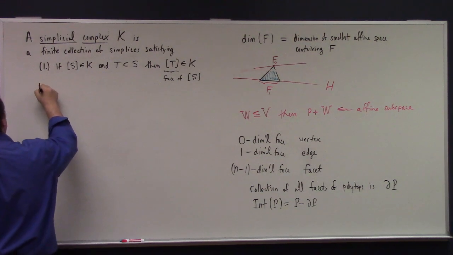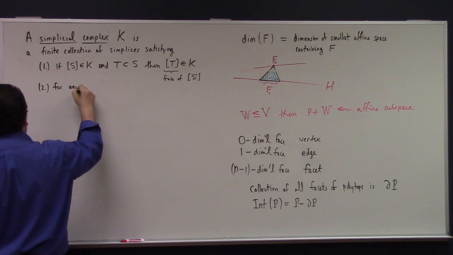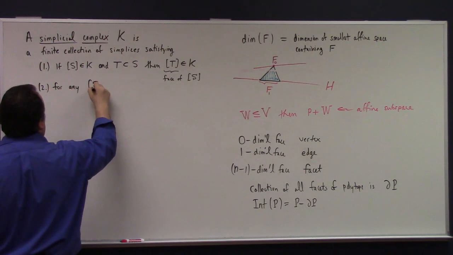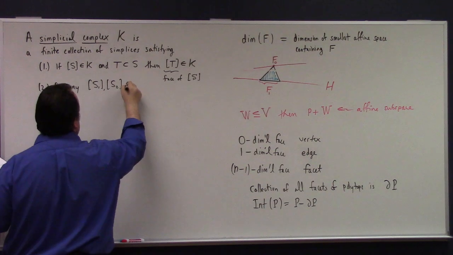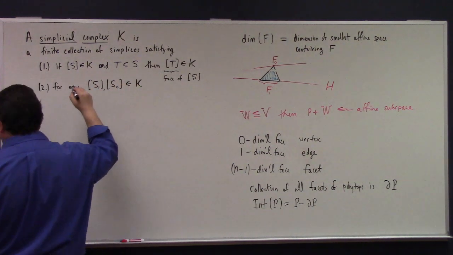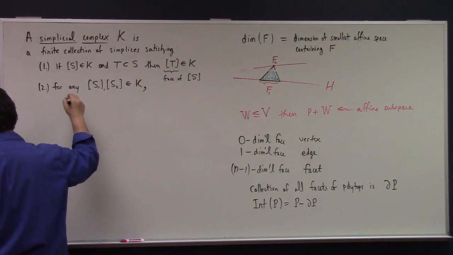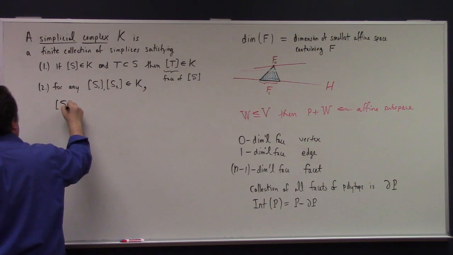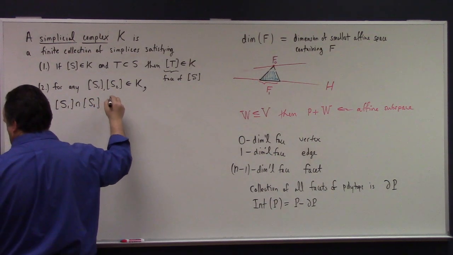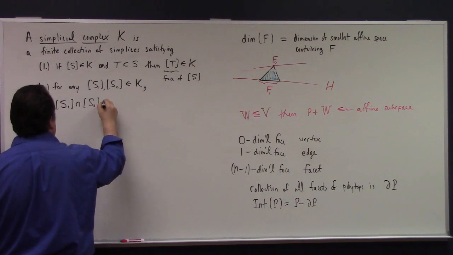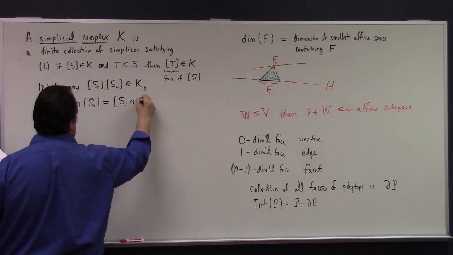And then two, for any S1 and S2 simplices in the complex, the intersection of these simplices is equal to the simplex generated by the intersection.